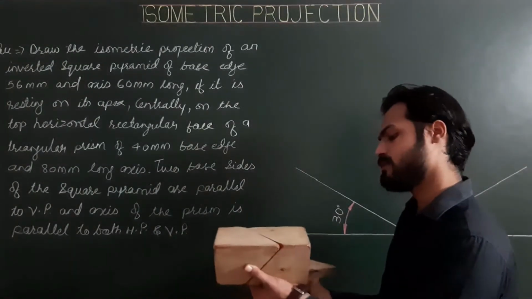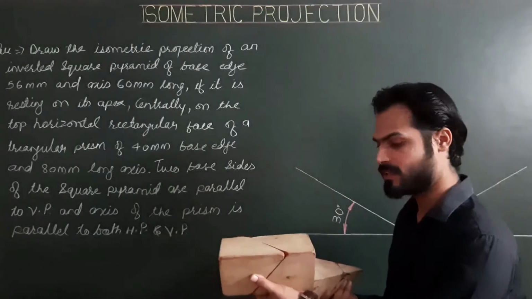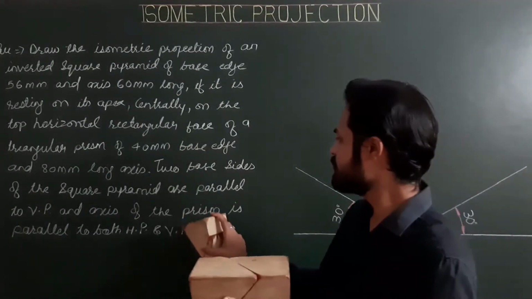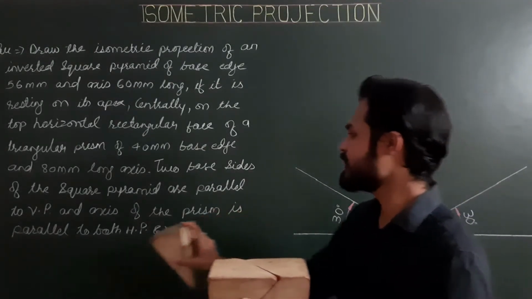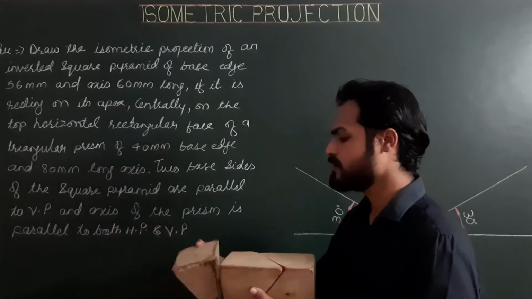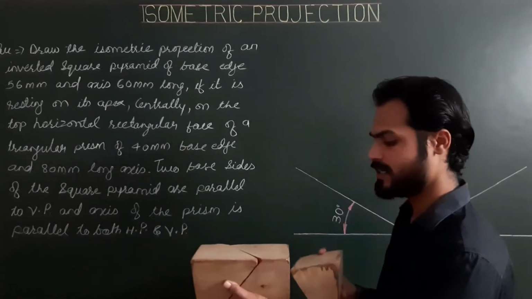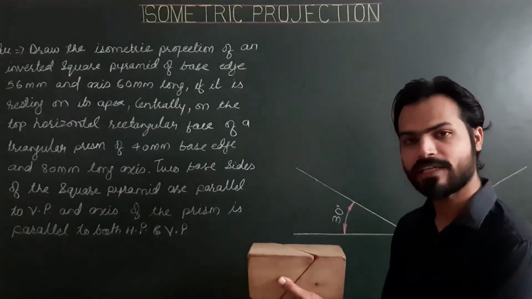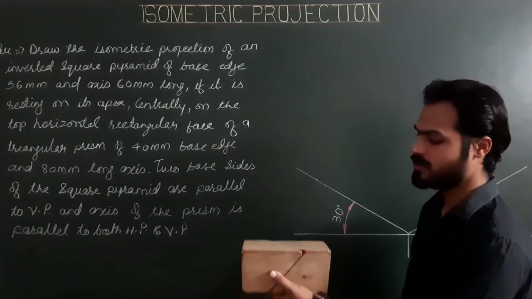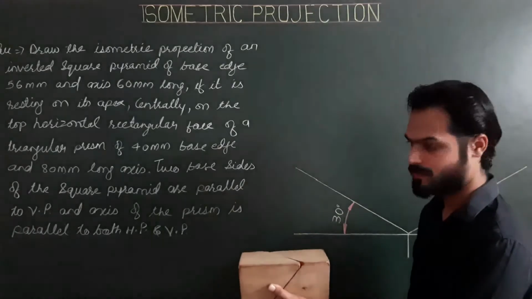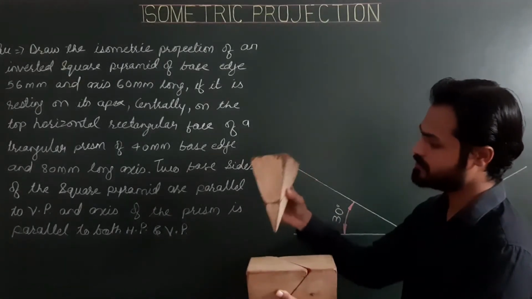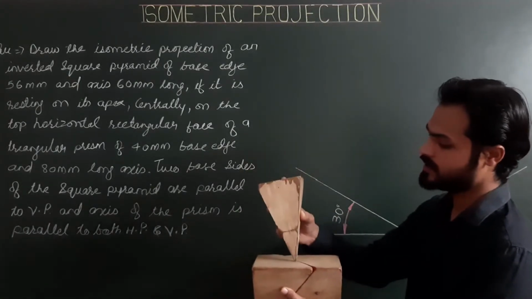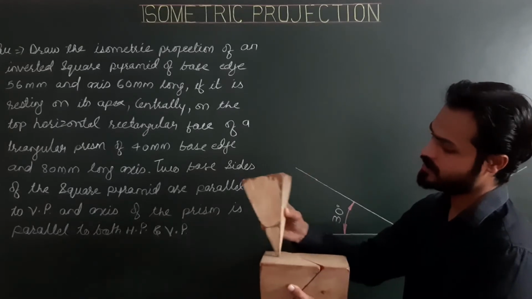Also this solid is resting on its generator and the axis of the prism is parallel to both HP and VP. So the imaginary line from the first base center to the second base center is parallel to VP and HP. So this is the final position of the triangular prism, and the square pyramid is resting on its apex centrally.